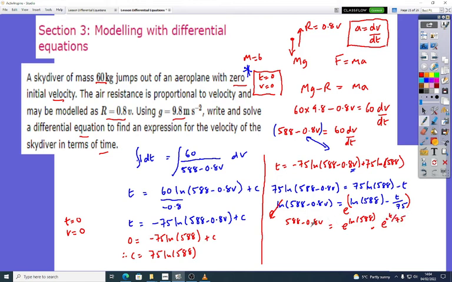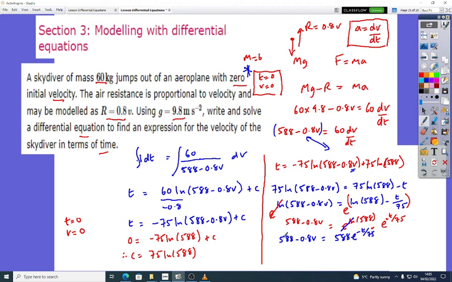If you want to go for this straight away, you can, it's not a problem. I'm going to clear this so they cancel each other, so you're left with 588 minus 0.8 v equals 588 e to the power minus t over 75.